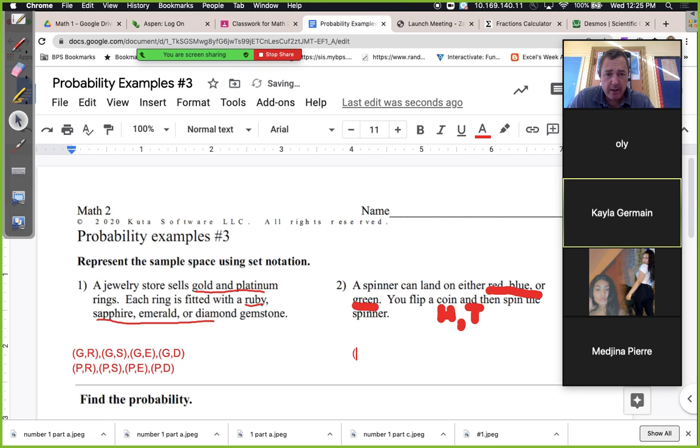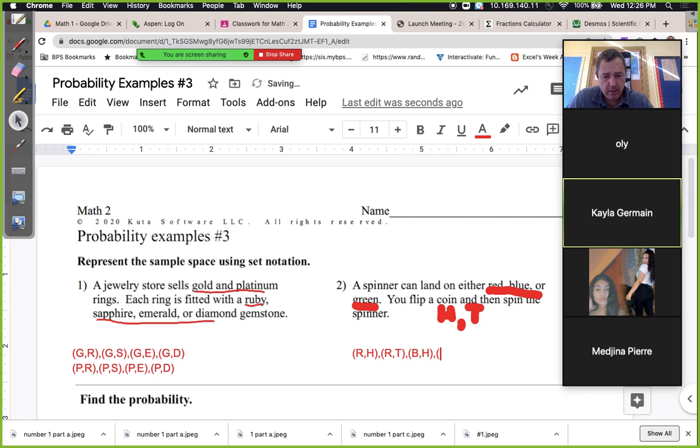On the spinner, I could get red and then a head, or I could get red and then a tail on the coin. I could get blue on the spinner and heads on the coin, or I could get blue on the spinner and tails on the coin.